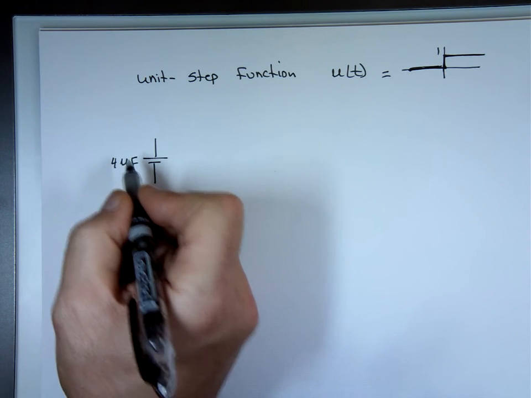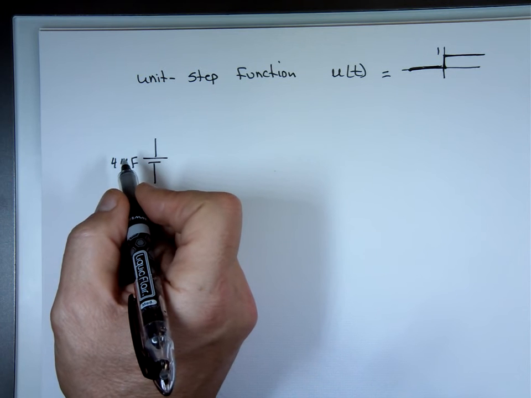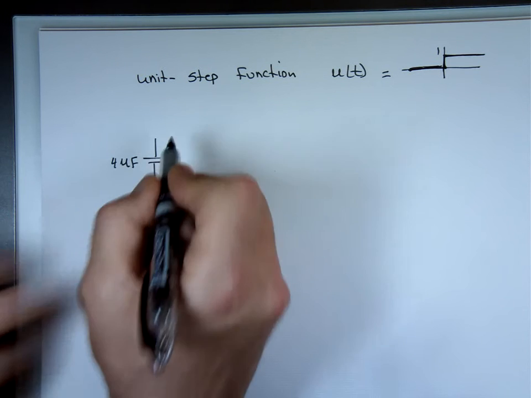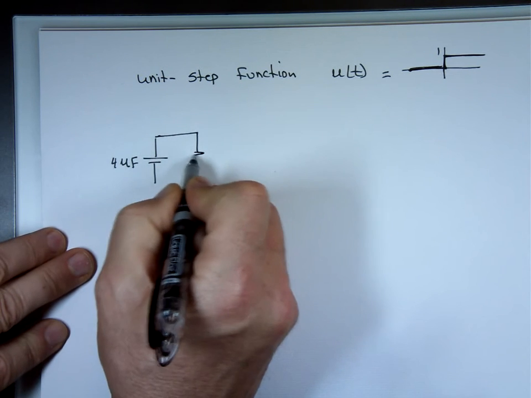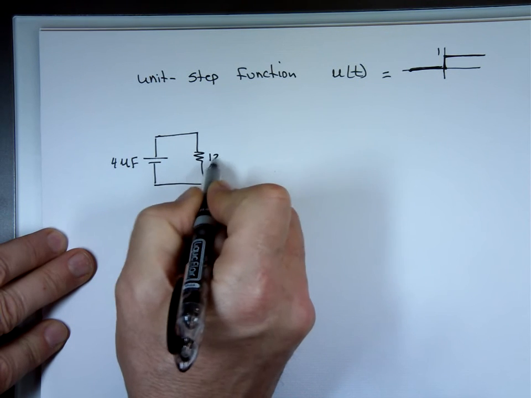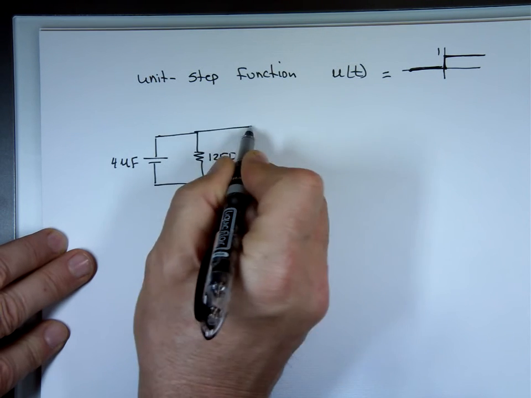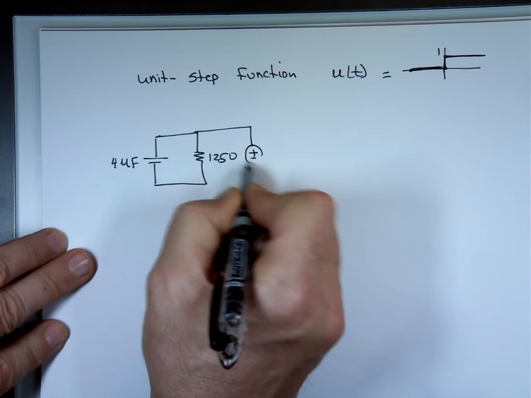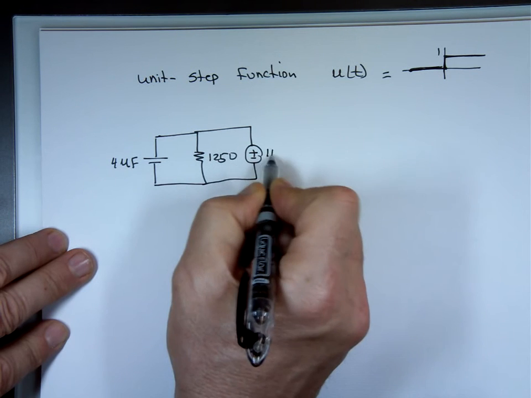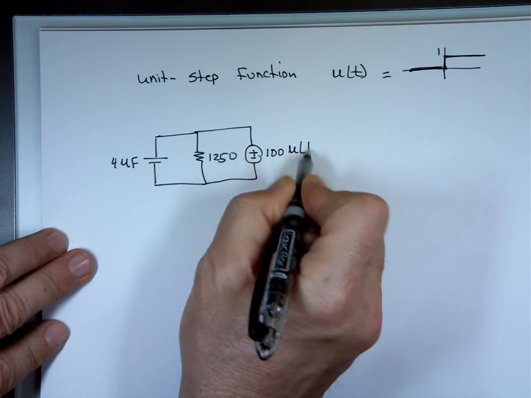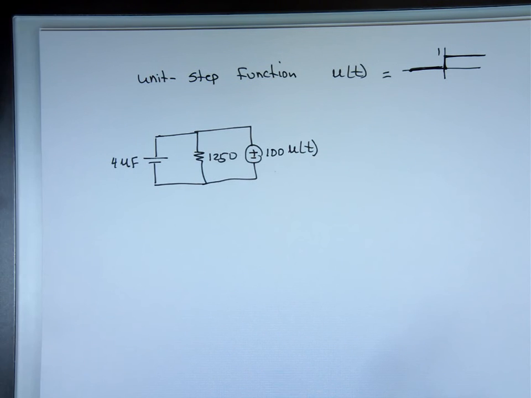What was that circuit? It was 1250 here, right? Instead of having a switch now, we go plus to minus. And instead of 100, we go 100 u sub t. Was it 120 in that previous one? Yeah, whatever it was.